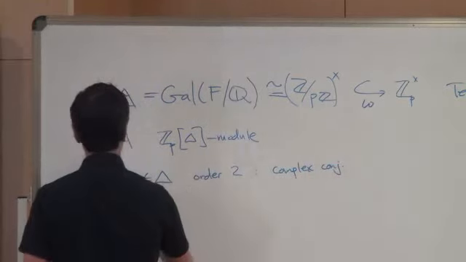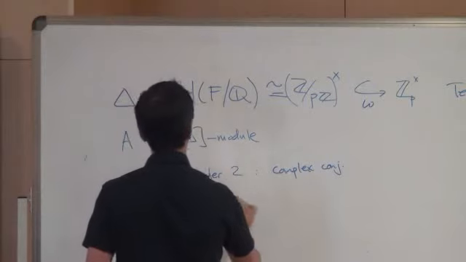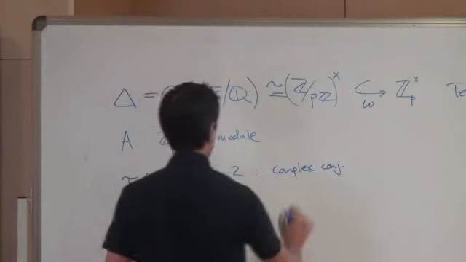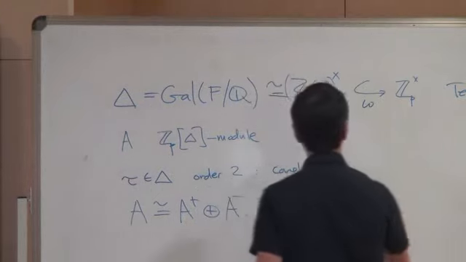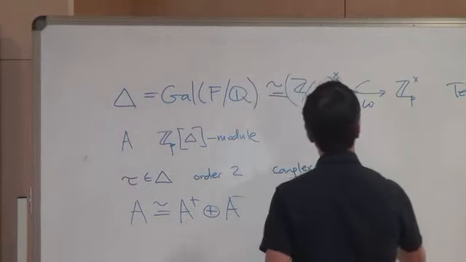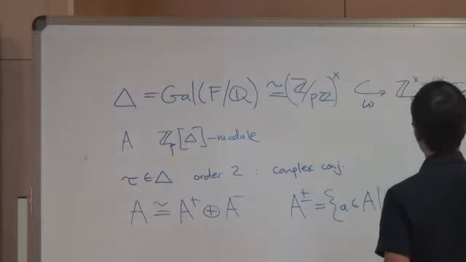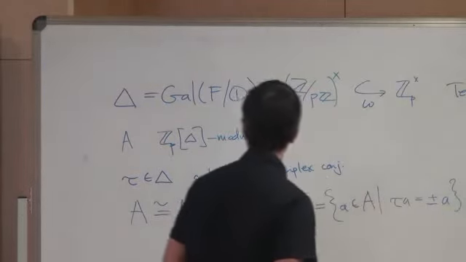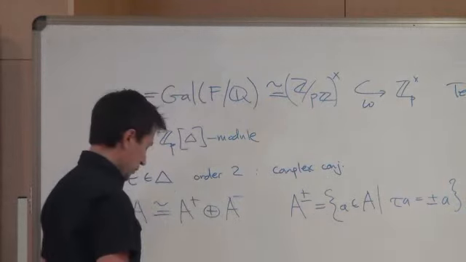Then I can divide A as a direct sum of two subspaces, where A^plus/minus is the set of a in A on which complex conjugation acts by plus or minus 1. p is odd, right? Okay, so we can do that.